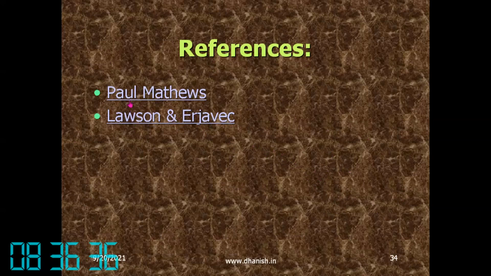I have given this Paul Matthews book, which is also a good one, though a little more advanced. The Lawson and Rzovic chapter is essential reading. Those who want to get high marks should read the introduction chapter by Paul Matthews. Then there is a website, statease.com.